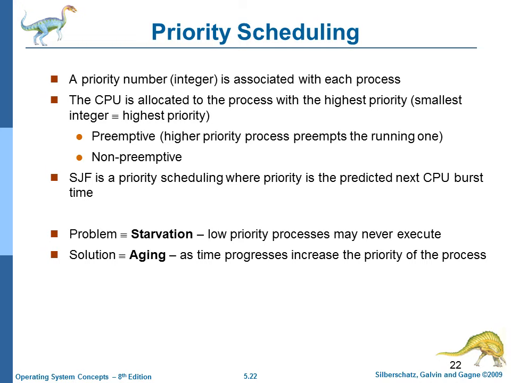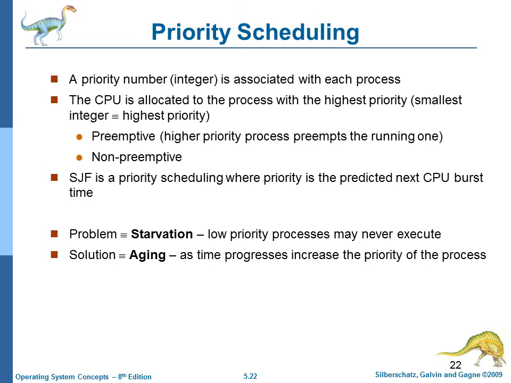The next scheduling algorithm is called the priority algorithm. The priority algorithm is a more general case of shortest job first, in which each job is assigned a priority, and the job with the highest priority gets scheduled first.